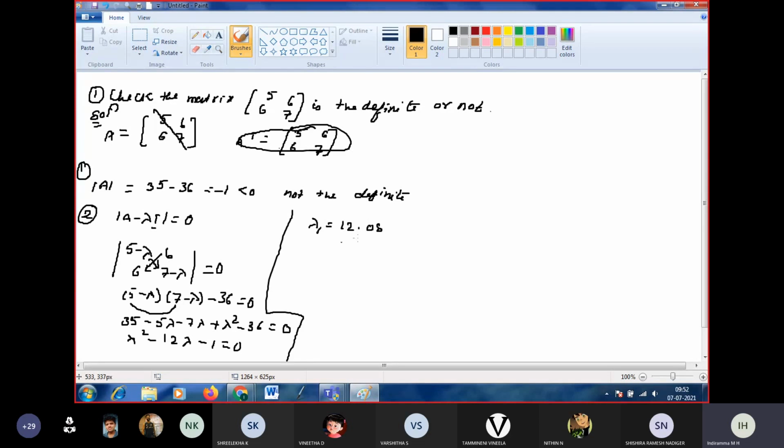What is the second root? Lambda 2 is minus 0.0827. Okay, one is negative. As we said about the property of positive definiteness, all the eigenvalues should be positive. Here we got one eigenvalue as negative. So it is not positive definite.